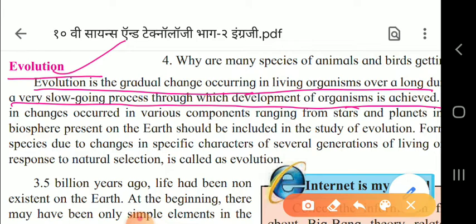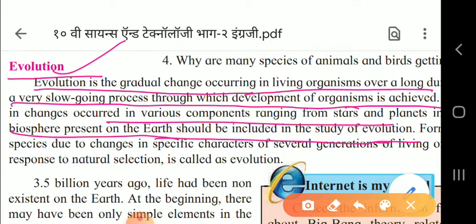So these are very gradual changes, and afterwards the development of the organism is achieved. These changes occurred in various components, and this is also affected by the stars and planets. That point I also underline, as well as the biosphere which is present on the earth. This should be included in the study of evolution.